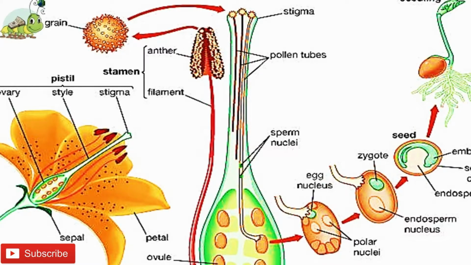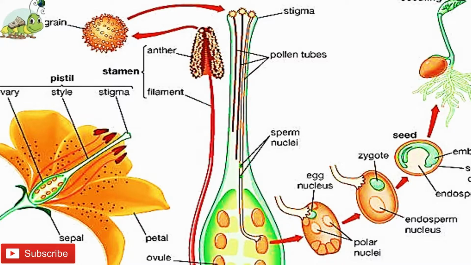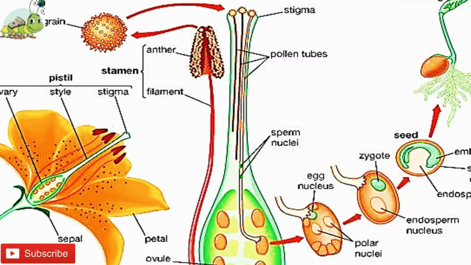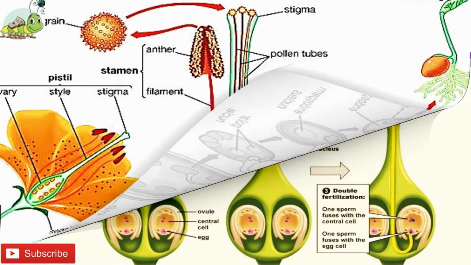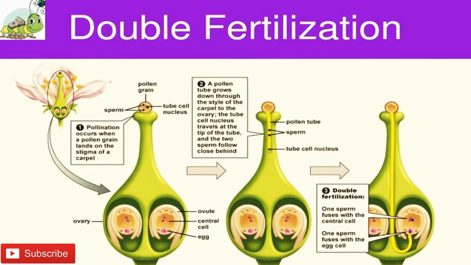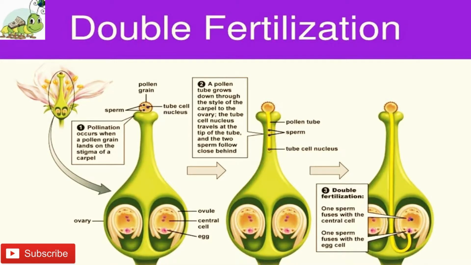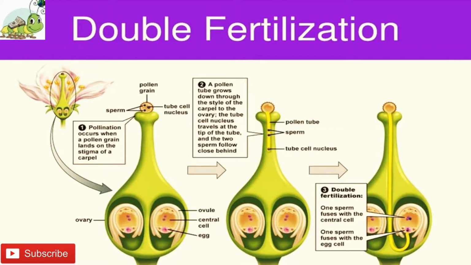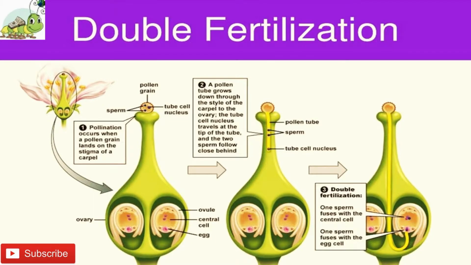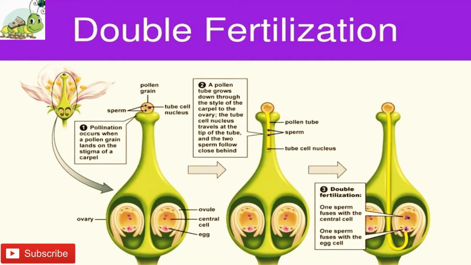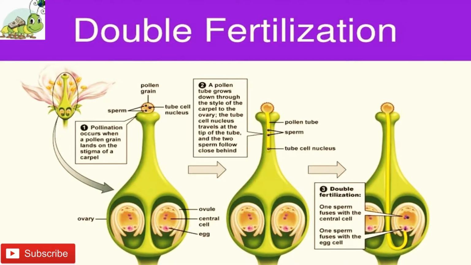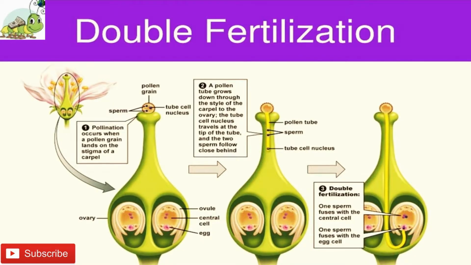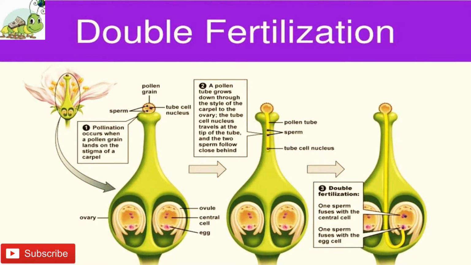However, in Casuarina, Juglans regia, Betula, the pollen tube enters the embryo sac through the base, the chalaza of the ovule, and it is called chalazogamy.